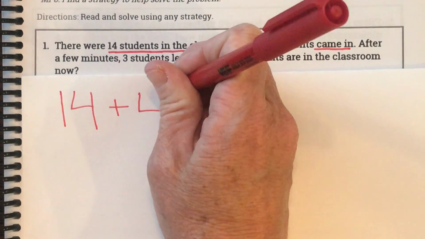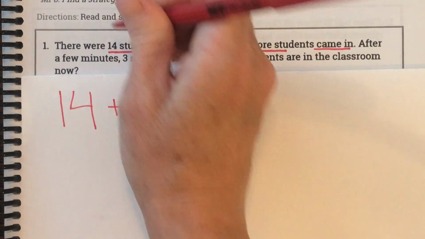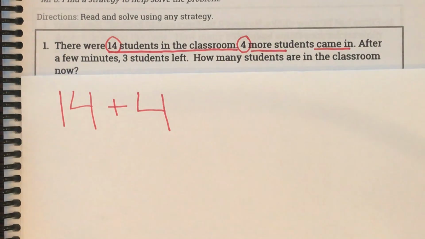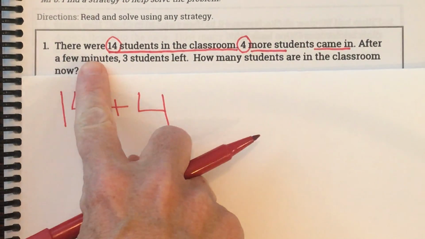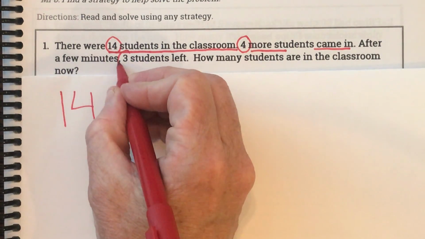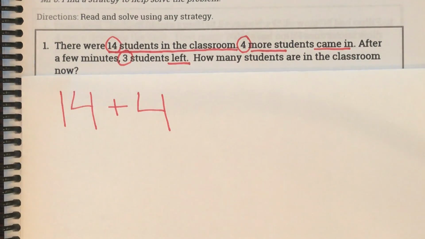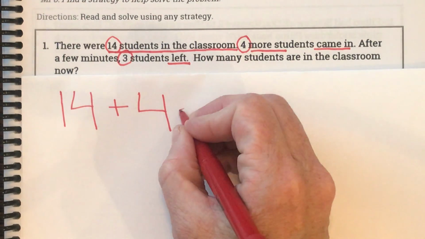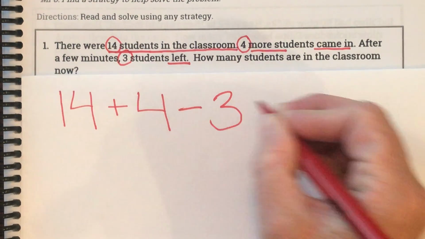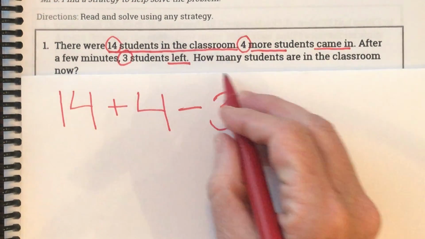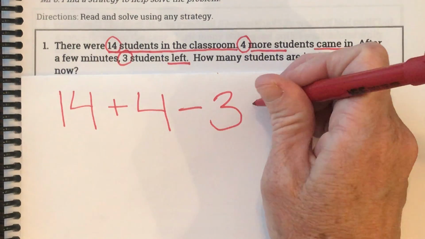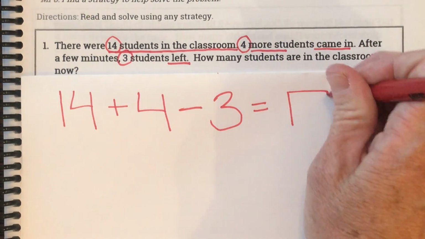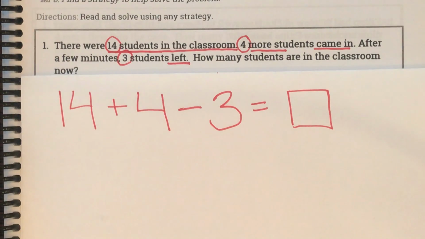I'm going to add 4. Sorry, I should have circled my 14. And then it says after a few minutes, 3 students left. Well, if 3 left, that's going to be subtraction. How many students are in the classroom now? So they want to know how many are in there now.